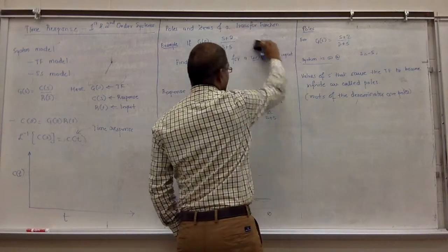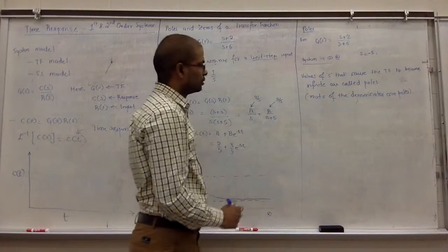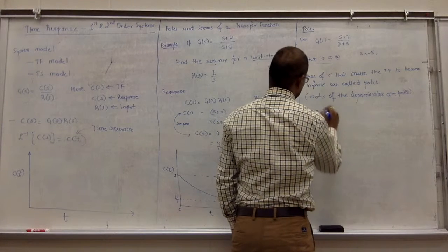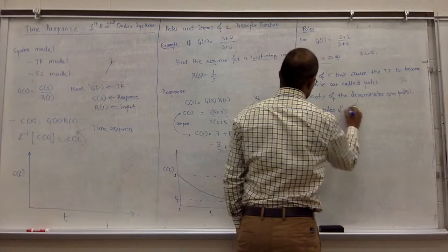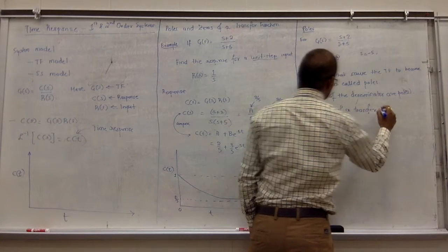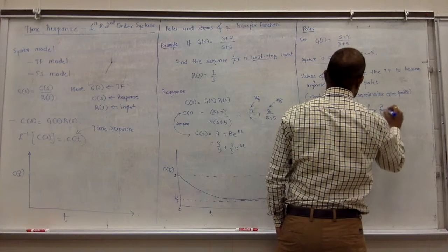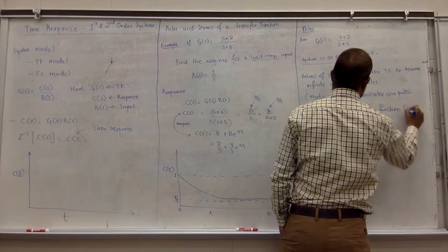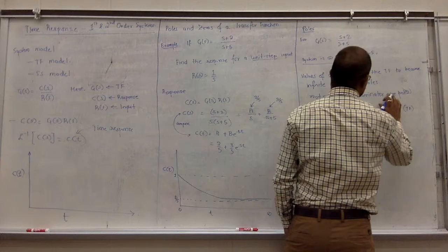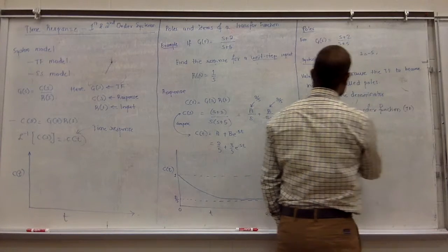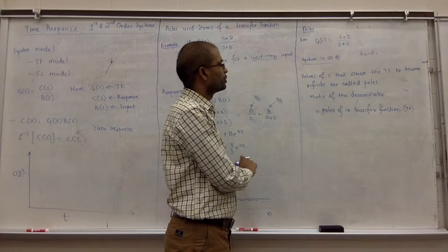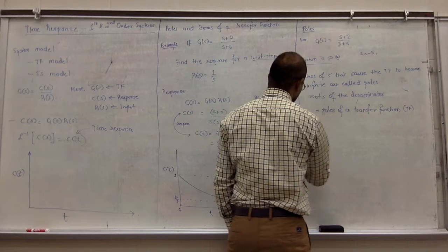So poles of a transfer function are what? Roots of the denominator equal the poles of a transfer function. Let's always keep this in mind. And what would the zeros be?